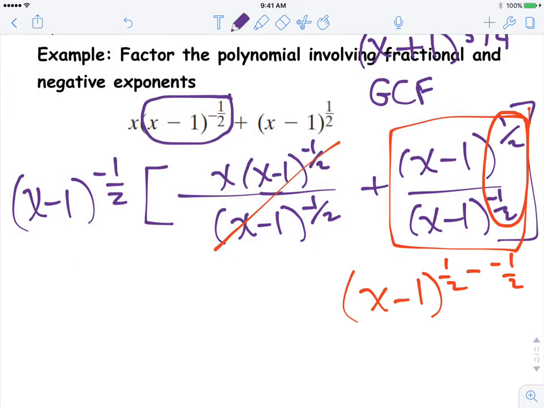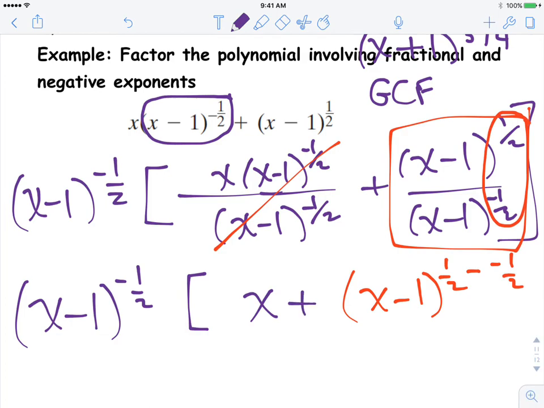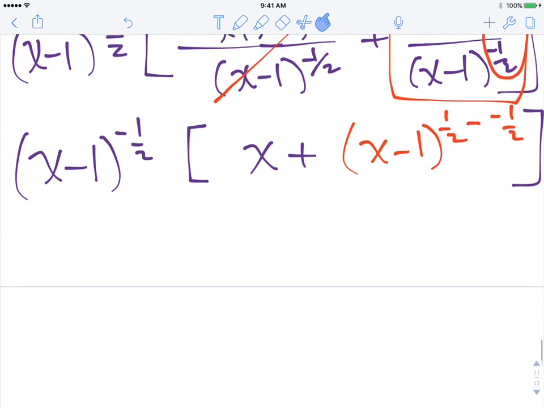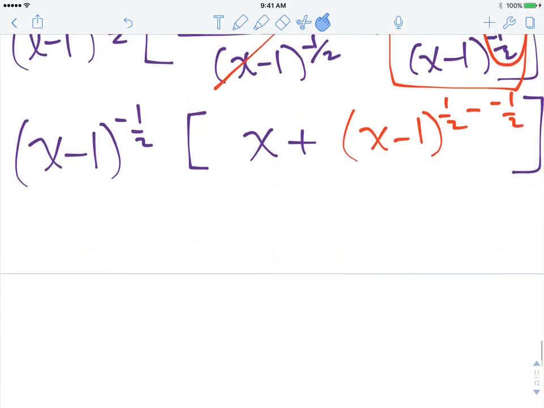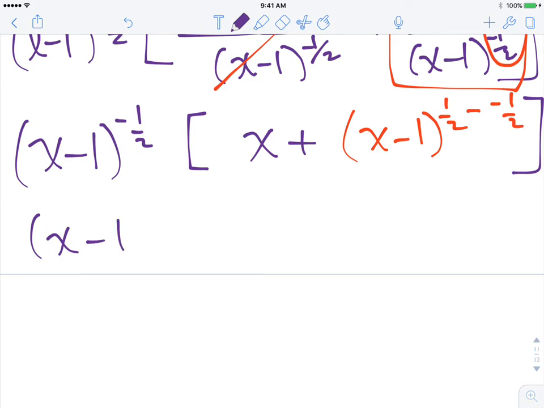Everything else stays the same: x minus 1 raised to the negative 1/2, the quantity x plus, and then bracket. I'm going to write the same purple stuff one more time, and then we'll simplify the red.